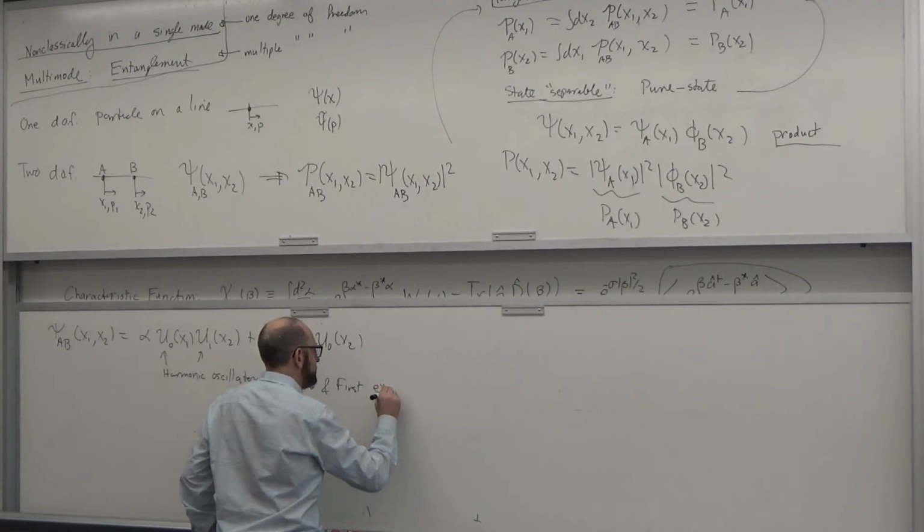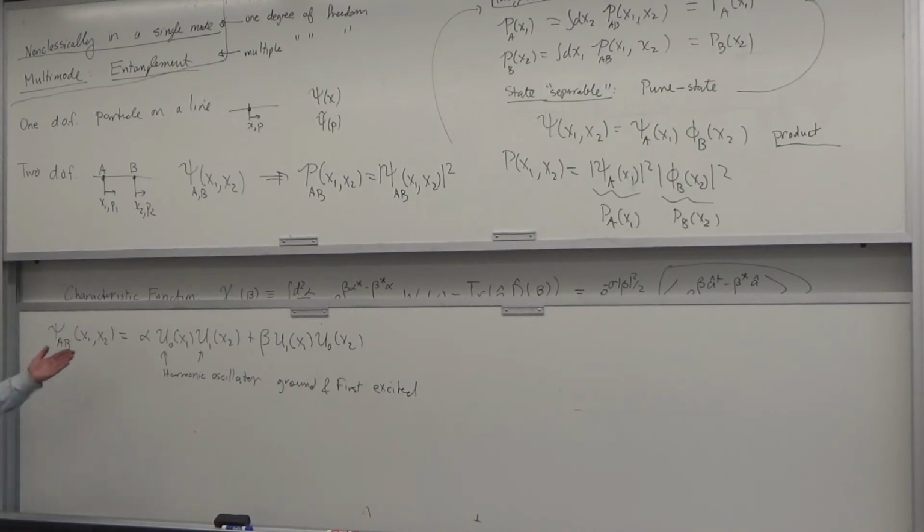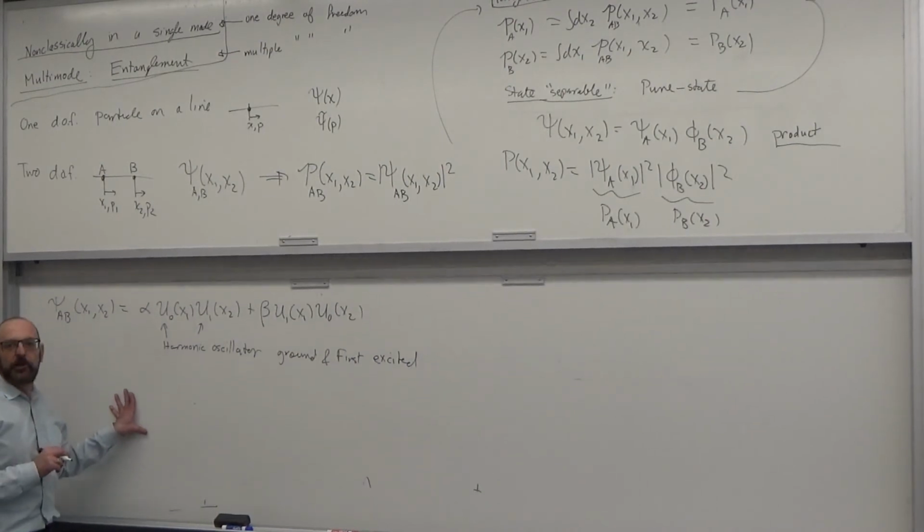Okay. Let's just say we had that state with some complex coefficients alpha and beta. Perfectly good state. So now I ask you the following question.